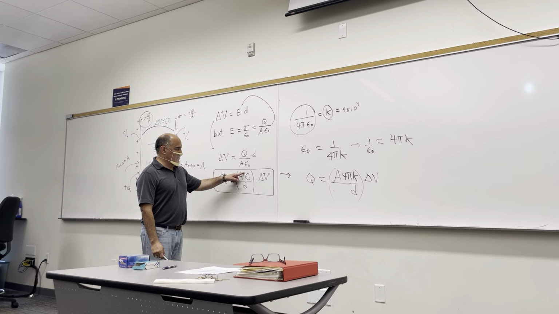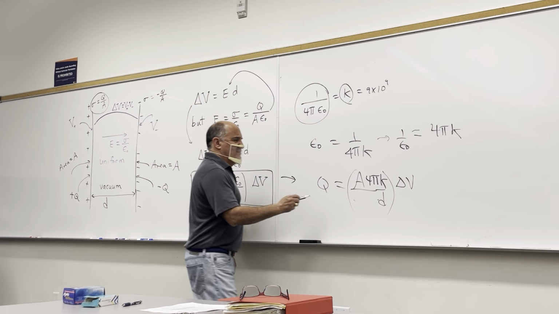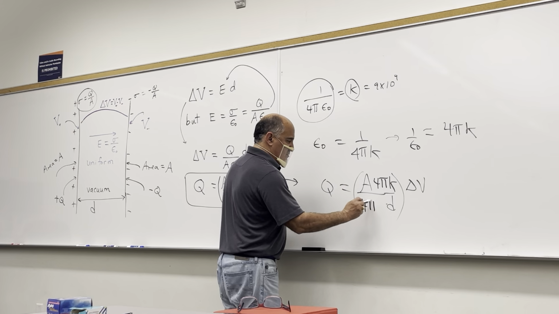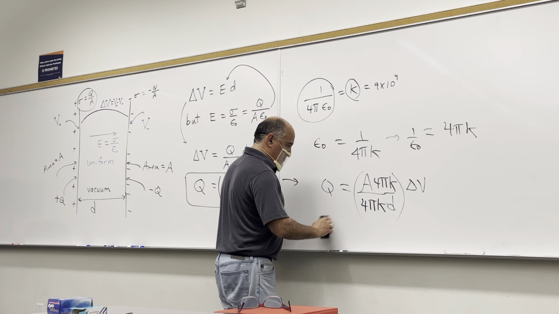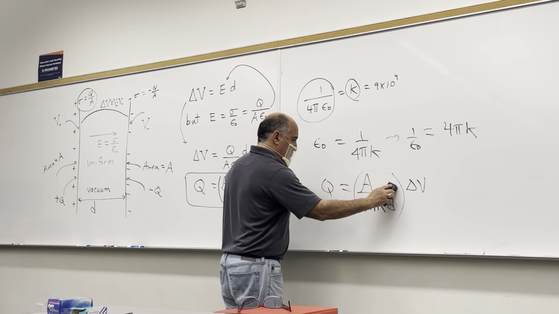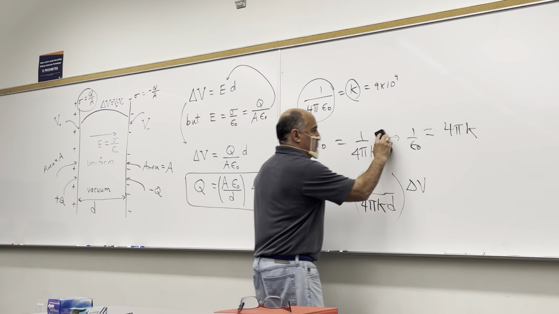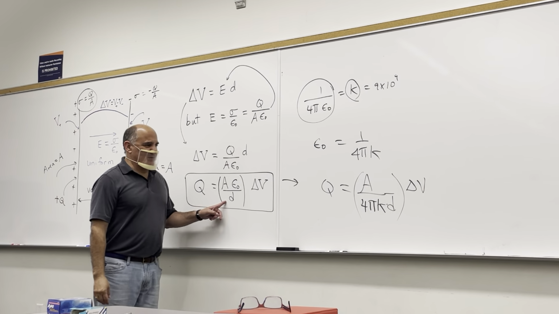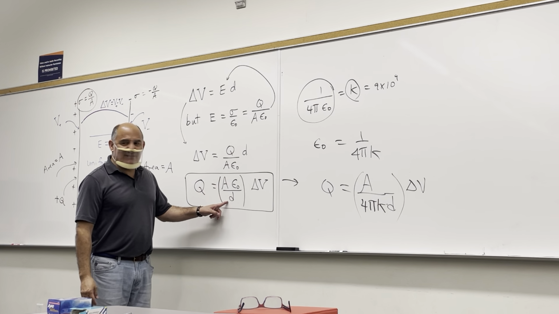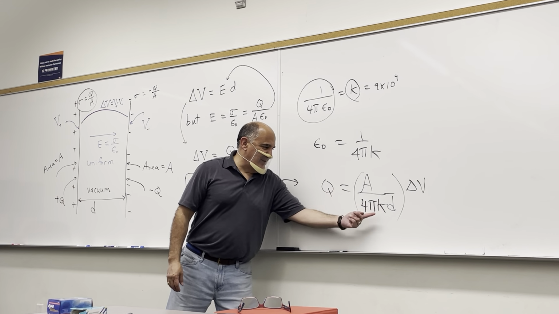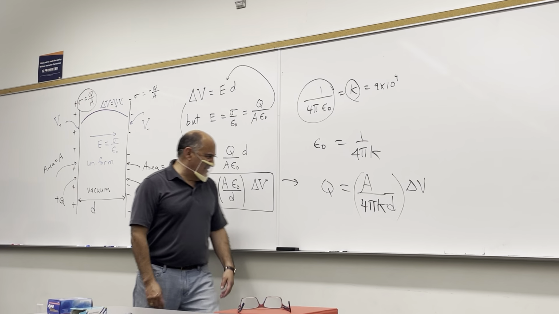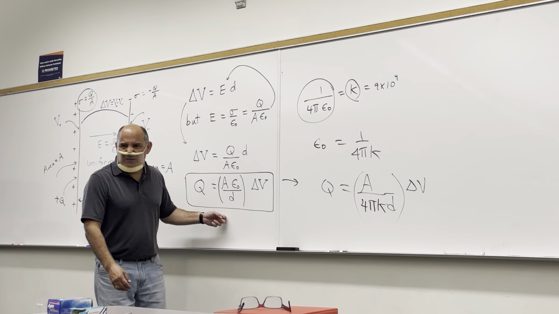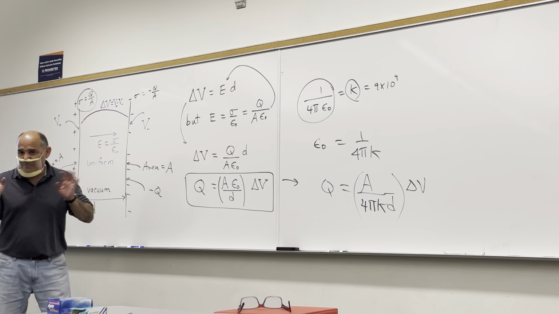Since it's upstairs, no, it was good. But this is simpler. I still have A and D, but now I have 4 pi k when I just have epsilon naught. It's just easier to write it like this. But either way is good.